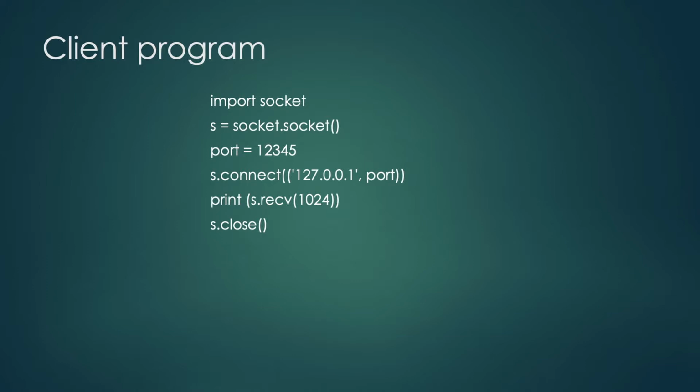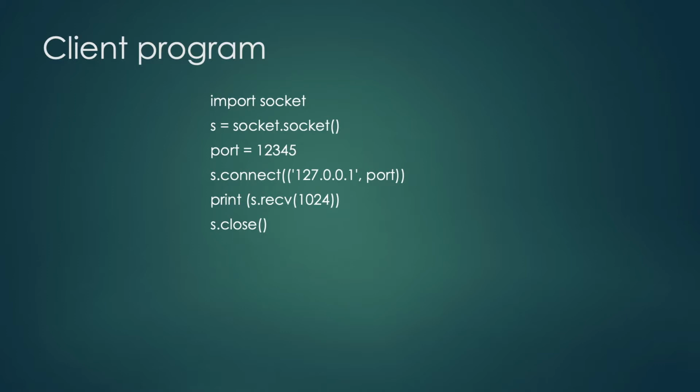So, once the connection is established, then the client program is now ready to receive in terms of 1024 bytes. This can be done with the help of calling the receive method s.receive of 1024. Once the process is completed, then client program must close its socket object by calling the close method.